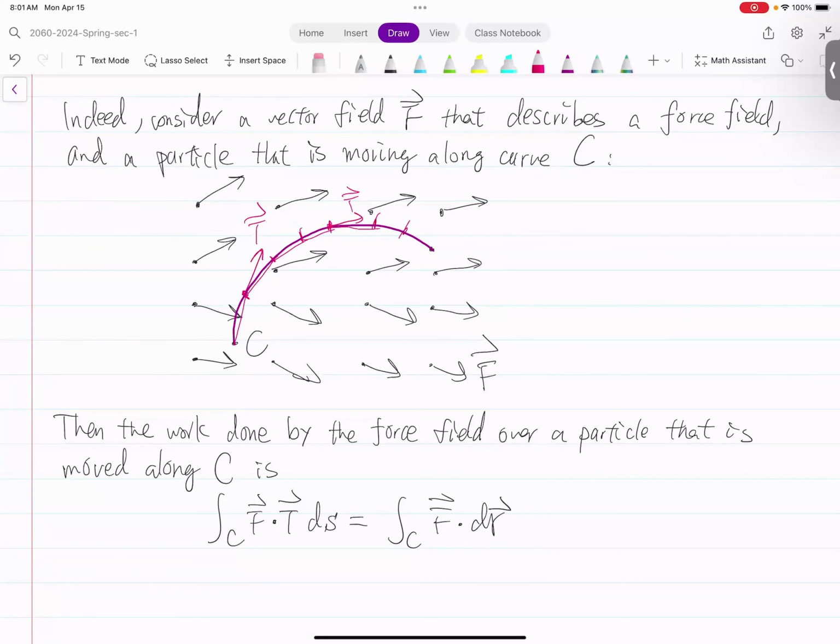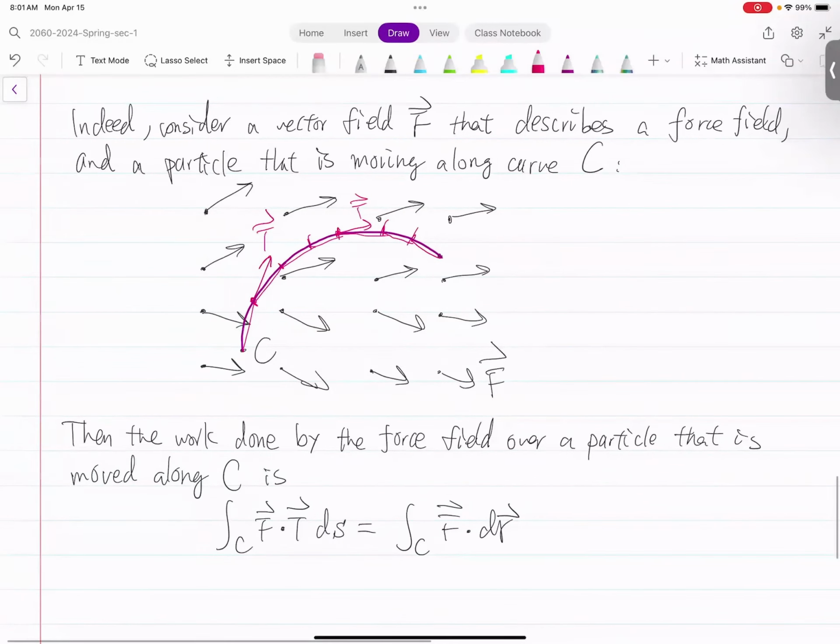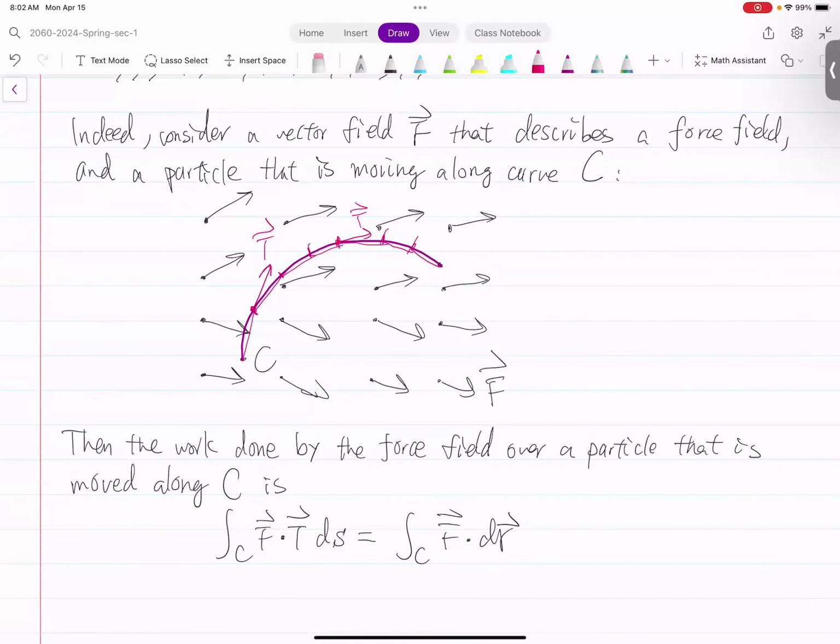Or you can think about these as secant line segments along the curve, right? But then if your subdivision is small enough, then you can use the tangent direction T multiplying by the arc lengths along each purple segment. Okay?